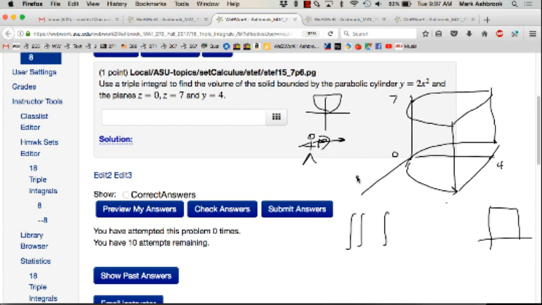The left side is where the arrow enters the solid, and the right side is where it leaves the solid. That may be a helpful thing.